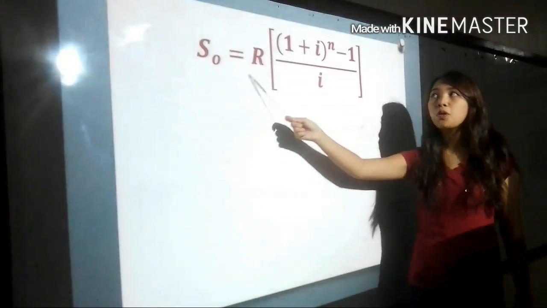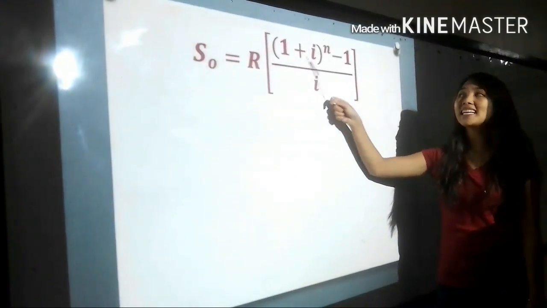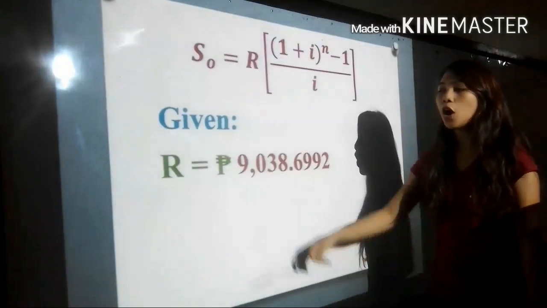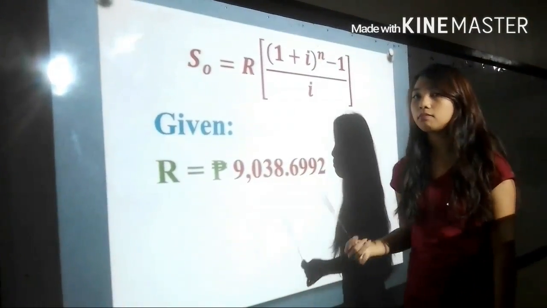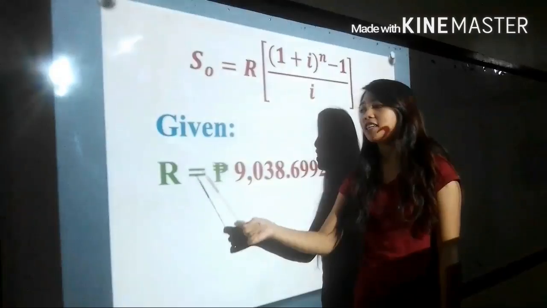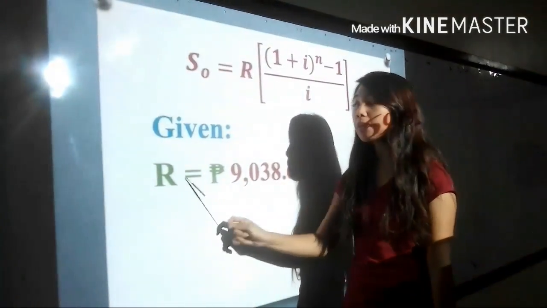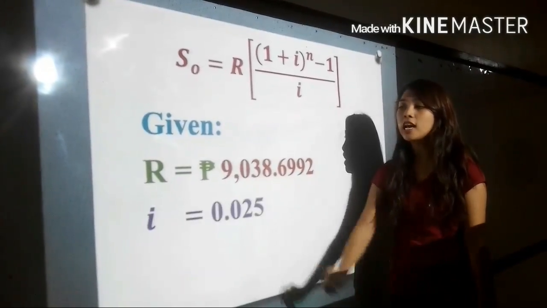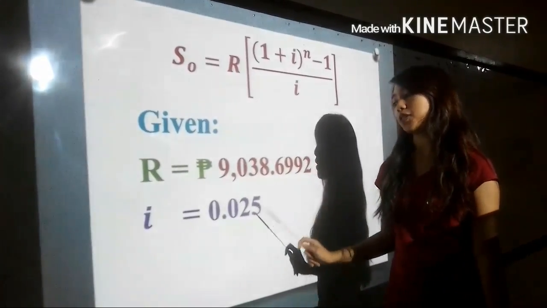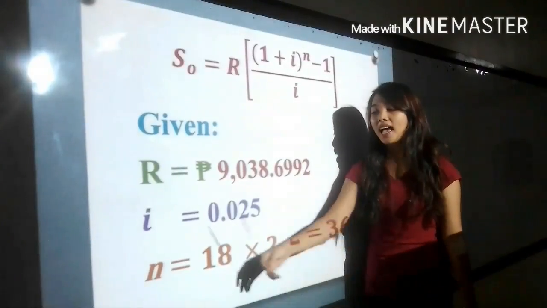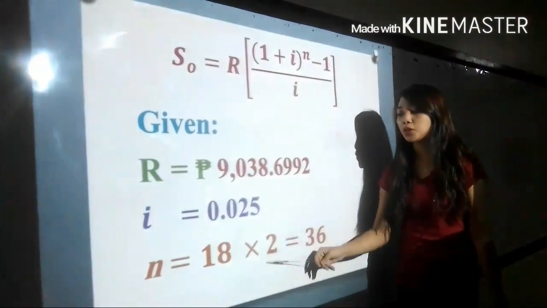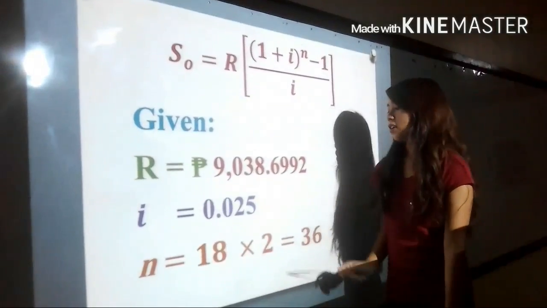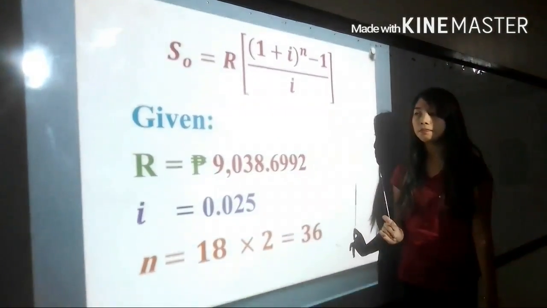We use this formula: S is equal to R times the quantity 1 plus i raised to n minus 1, over i. These are the given. R is the periodic payment, which is 9,038.6992 pesos. i, which is the interest, is equal to 0.025. n is equal to 18 times 2, where 2 is semi-annually, so n is equal to 36.